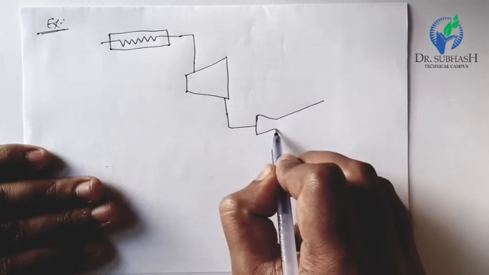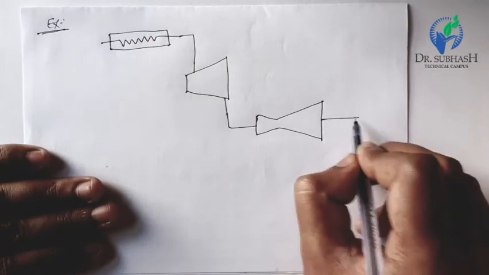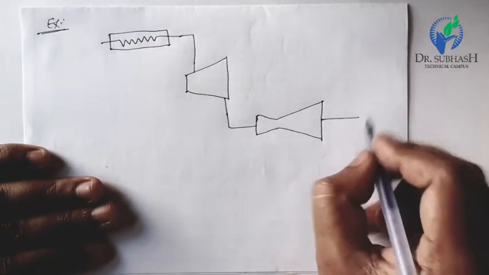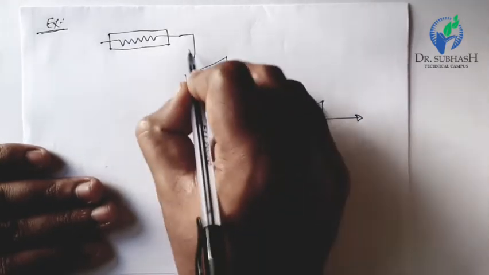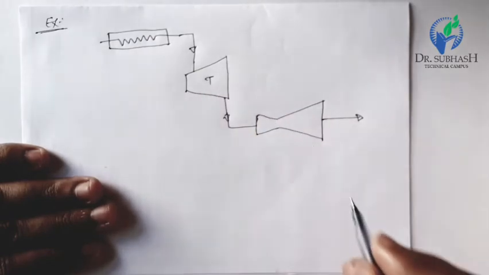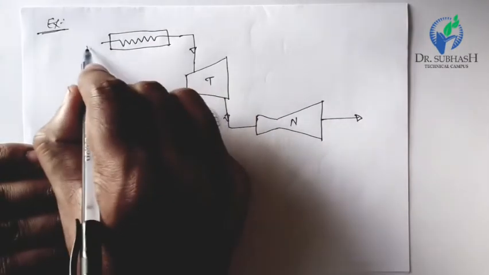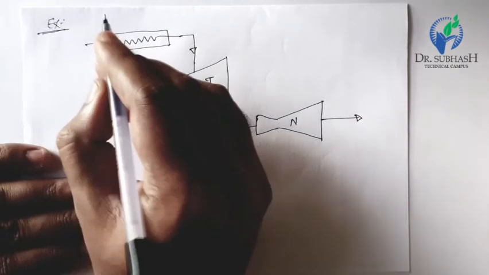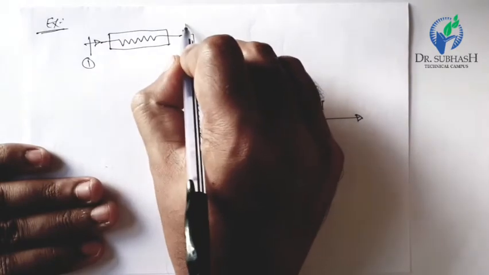For the sake of simplicity we will give the section numbers. Say this is section number 1, the outlet of the heat exchanger is section number 2, the outlet of the turbine is section number 3, and the outlet of the nozzle is section number 4, and we will note all the data as per the given statement. So first I will summarize the data as per the given.